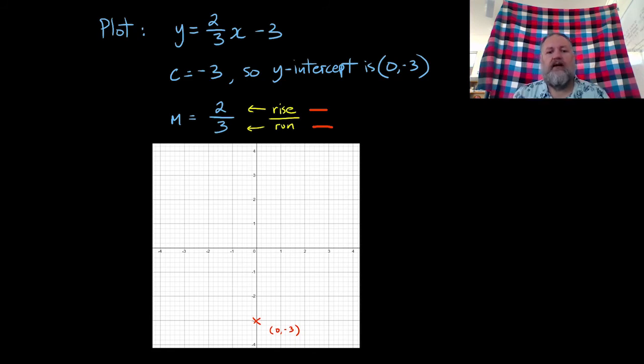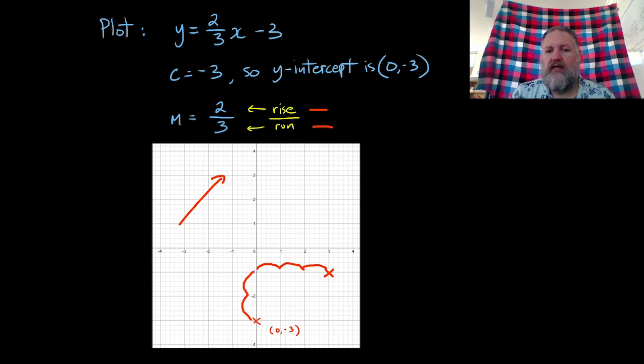Okay, it's not a negative gradient, so I know that it will be heading up in this direction somehow. So let me think about where it needs to go. If I change my rise by 2, so I go up 1 and then up 2, and then I change my run by 3, so from 0 I'll go 1, 2, 3.